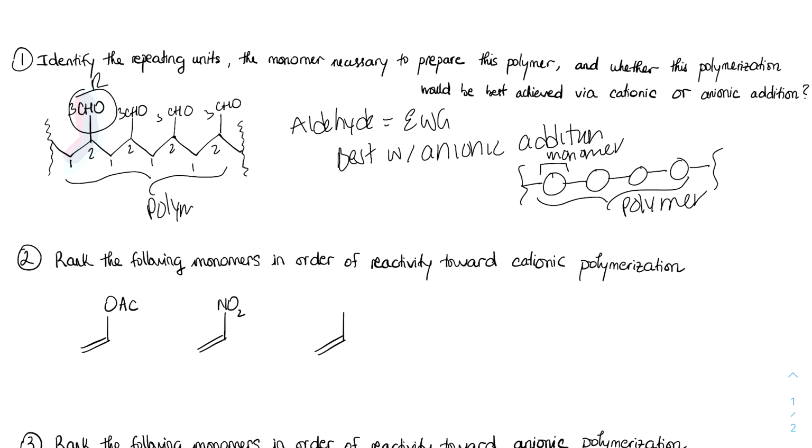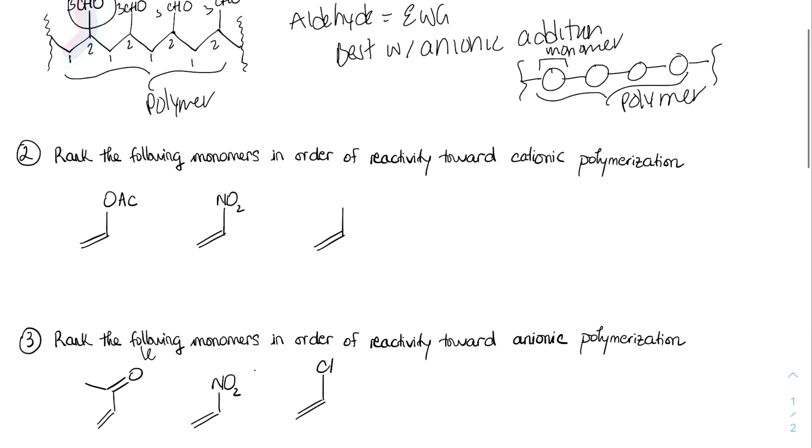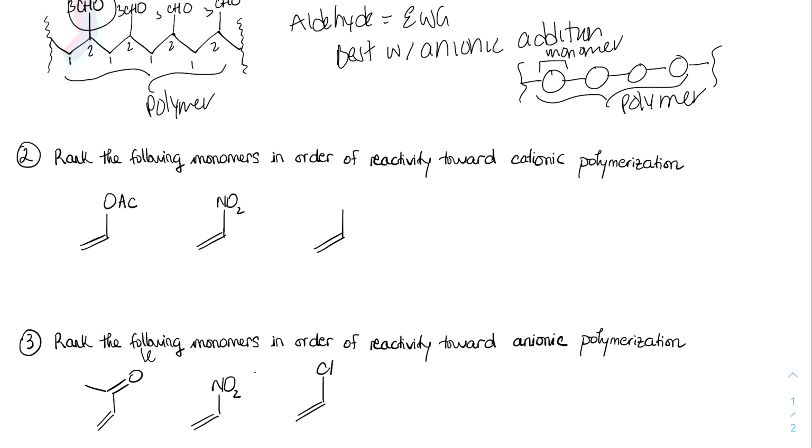Okay, so now we can move on. So for question 2, we're just ranking based on the cation polymerization. And for cation polymerization, it's best reacted with electron donating groups. So let's go through every R group that's on this 2-carbon chain. So we see that this first one is an ester, right?